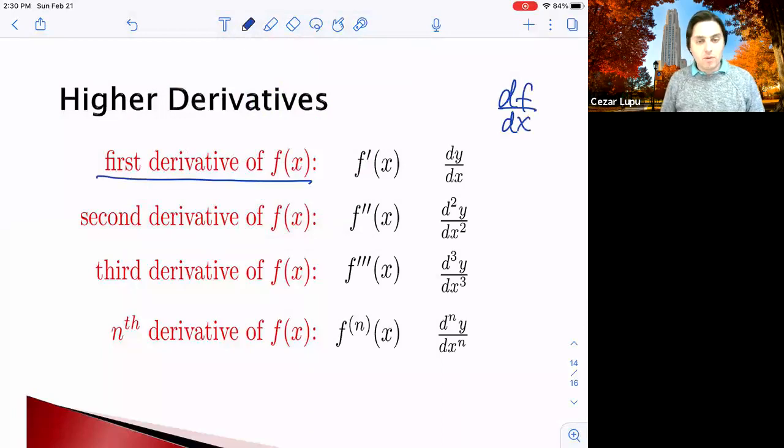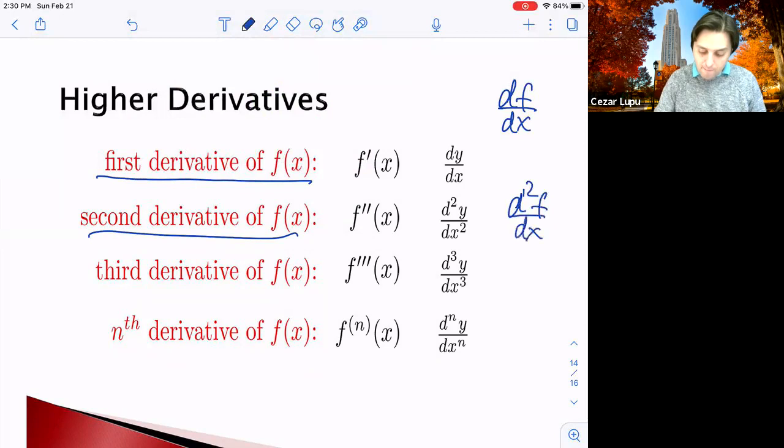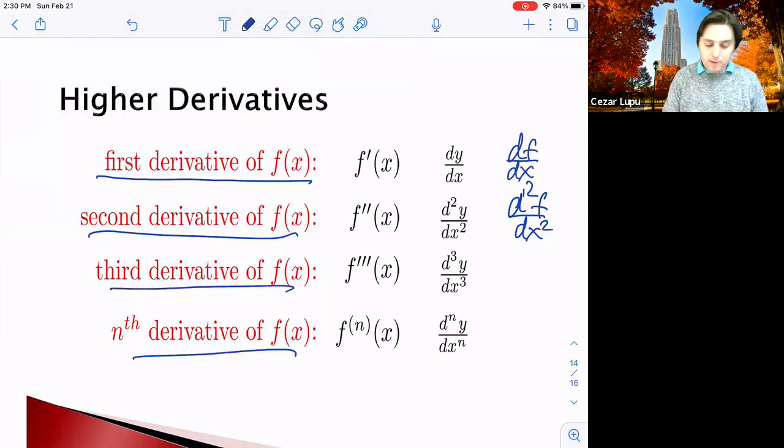The second derivative will be f second prime, or d squared f over dx squared, right? The same goes for the third derivative, d cubed f over dx cubed, or the nth derivative.